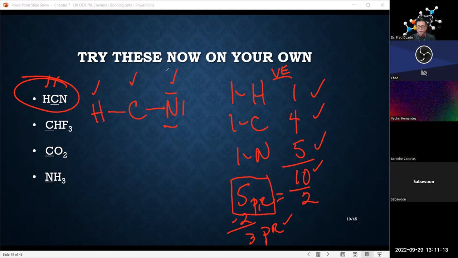So that's a total of 4 electrons. We got 4 electrons around carbon, we got 2 around hydrogen, and we got 8 electrons on nitrogen. So nitrogen is okay, hydrogen is okay, but carbon is not.